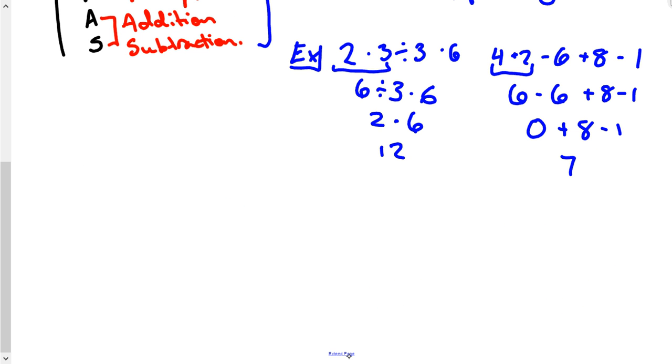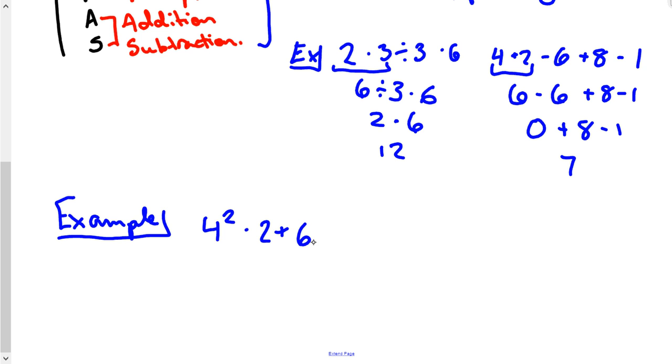Let's do a couple more examples. These ones will be fully fleshed out examples, not these mini ones. So example, let's go 4 to the power of 2 times 2 plus 6 minus 3.